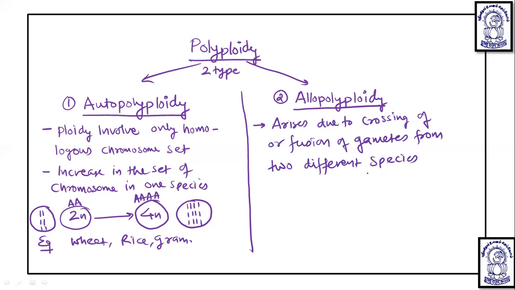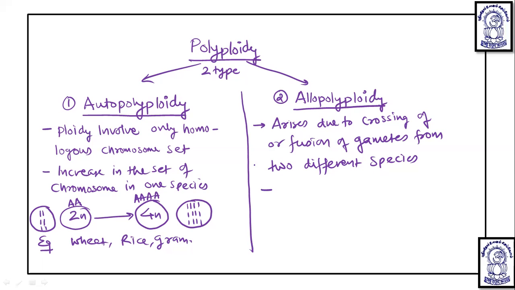Okay. So in allopolyploid, two different species are involved, and they form a fusion and form a zygote, and that shows polyploidy, then it is known as allopolyploidy.